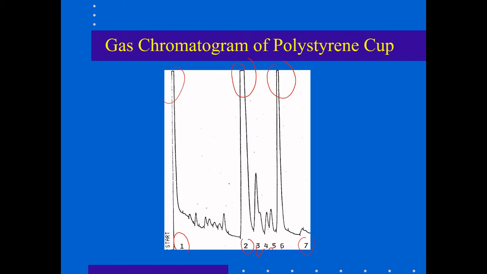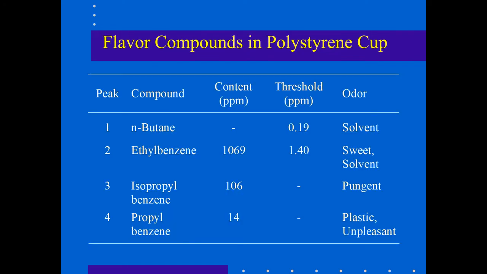And what does each of these peaks represent? Peak 1 represents n-butane, peak 2 represents ethylbenzene, peak 3 represents isopropyl benzene, peak 4 represents propyl benzene.